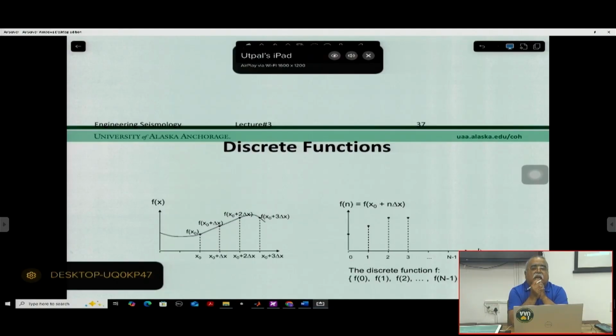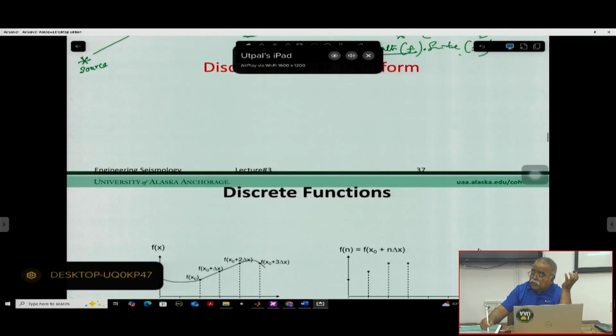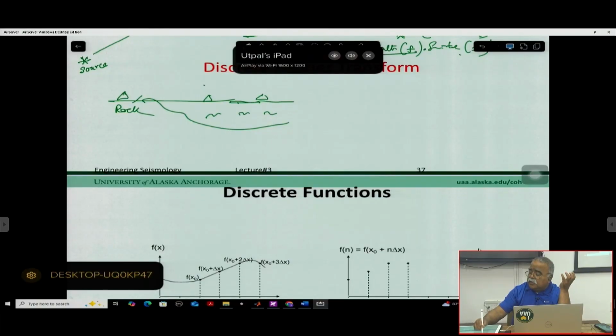So therefore, for all the signals, suppose you have a station, and suppose one station is at this side. So this is located on a rock, and these are located on a different alluvium part, right? So this is your station 1, this is your station 2. These are stations on the alluvium sediment, or might be any sedimentary part.